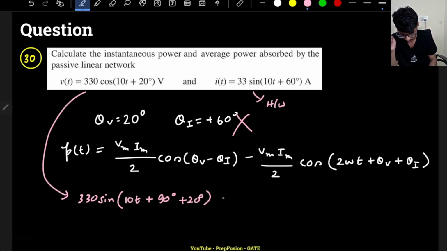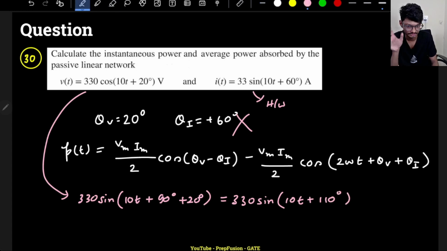So ultimately the actual function comes out to be sine of 10t plus 110 degrees. That's basically it.